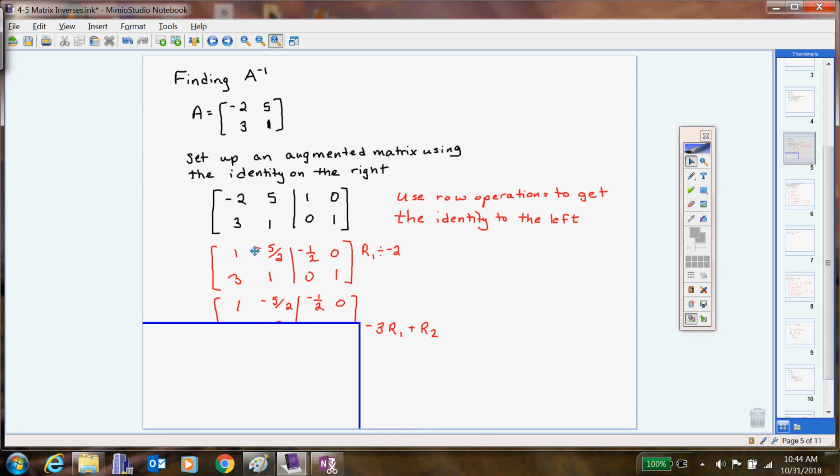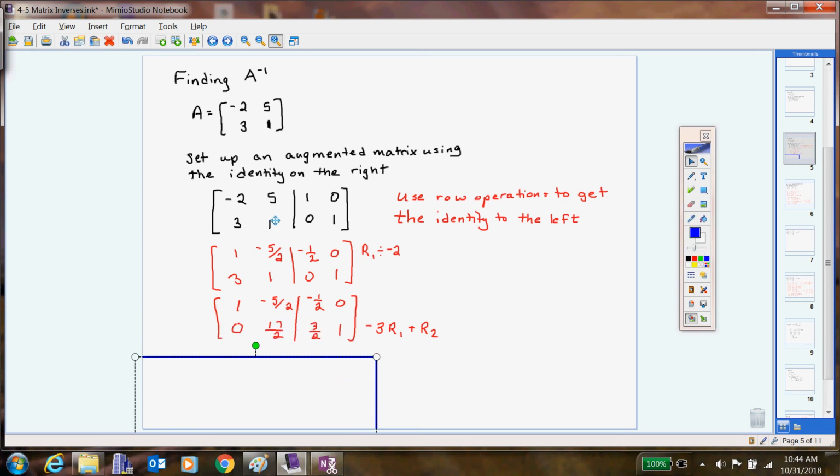So we've got -3 times this plus this gives us 0. -3 times -5/2 would give us 15/2 plus 1 would give us 17/2, because it's 2/2. Because -3 times -5 would give you 15/2. 15/2 plus 2/2 gives you 17/2.